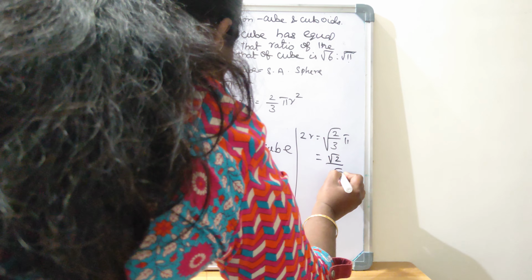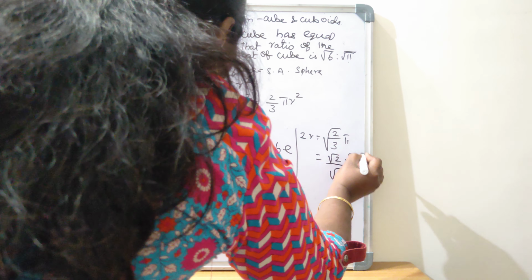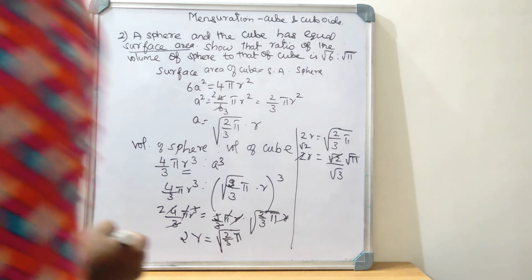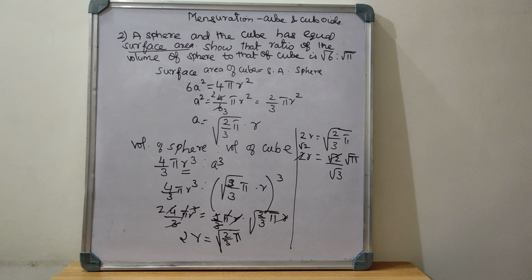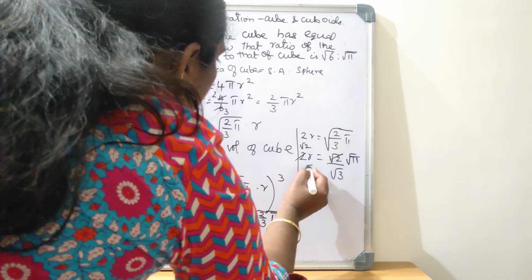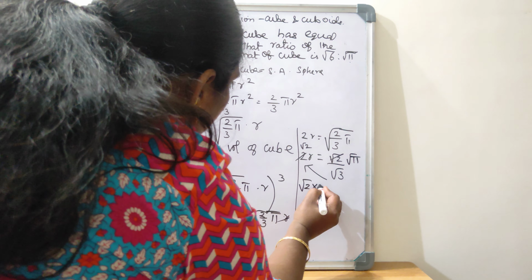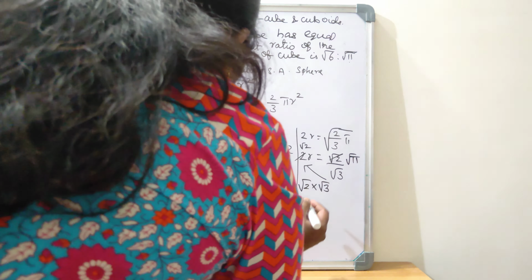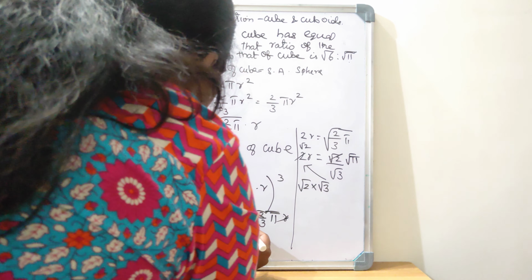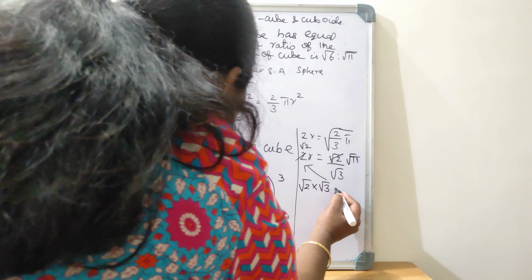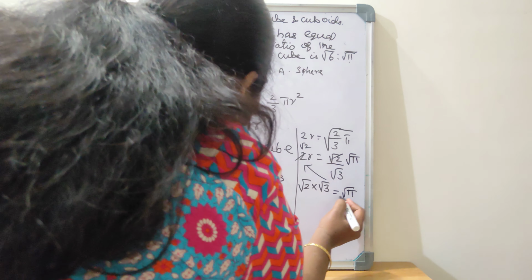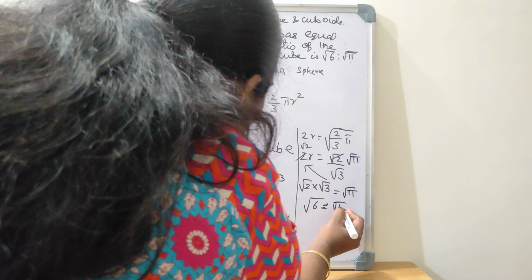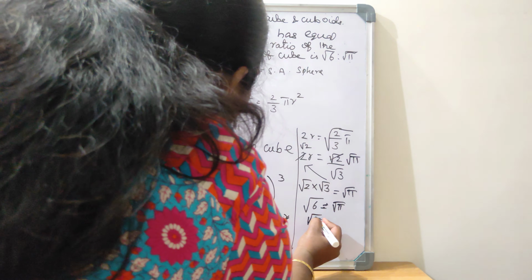Going to split this, 1 root 2 and 2 gets cancelled. So you cross multiply this, root 2 into root 3, which is nothing but root 6 ratio root pi. So we have solved root 6 ratio root pi.